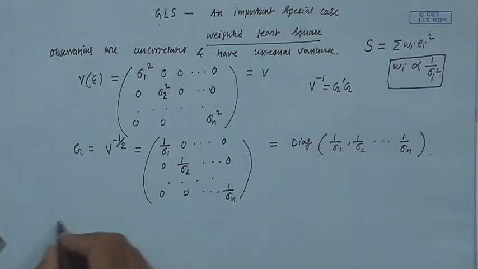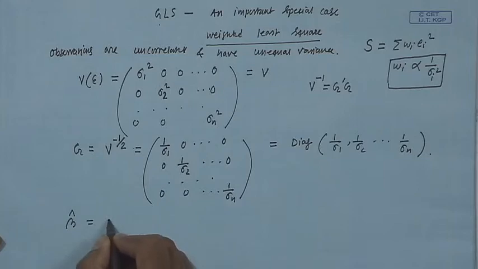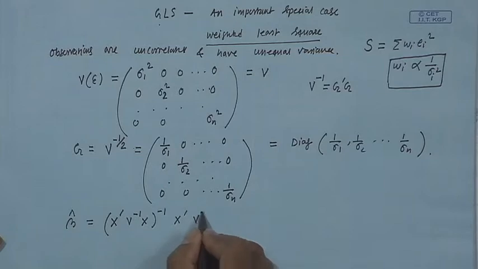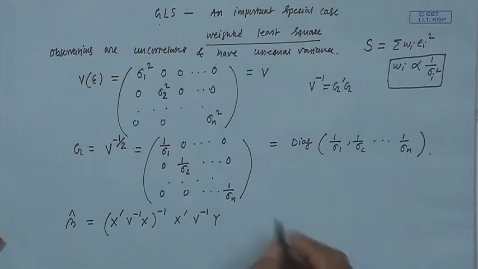Well, so now my beta hat, we know that beta hat is equal to x prime V inverse x inverse x prime V inverse y. Okay.